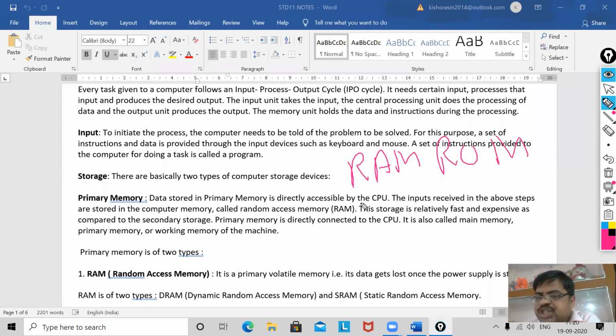Already I explained RAM and ROM yesterday, so I'm not going to explain them again. But you have to know, when I'm talking about the RAM, it means random access memory, which will store our data in the memory of the computer for the processing work or for other work, whatever the nature of work. Yes, that depends on the user.